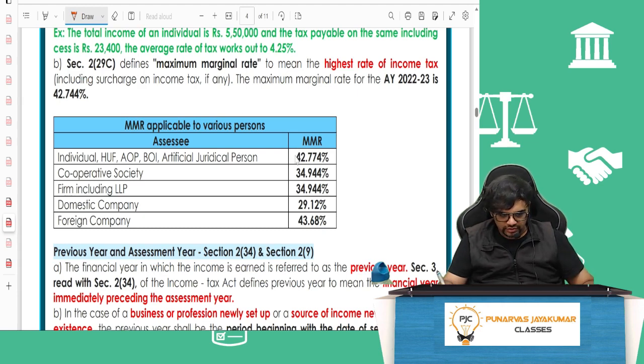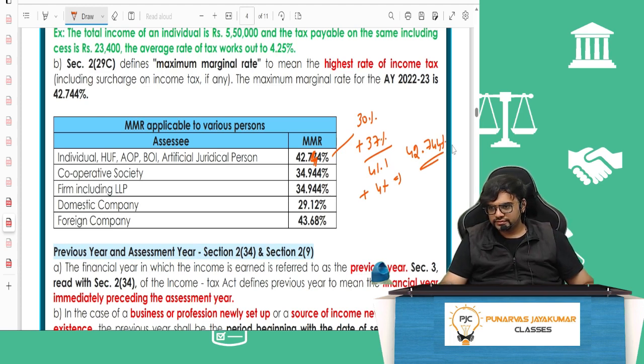Highest slab rate will be 30%. The highest surcharge under income tax law for an individual is 37%. We'll see that. So 30% plus 37% is coming up to 41.1%. Plus cess 4% will give me 42.744%.